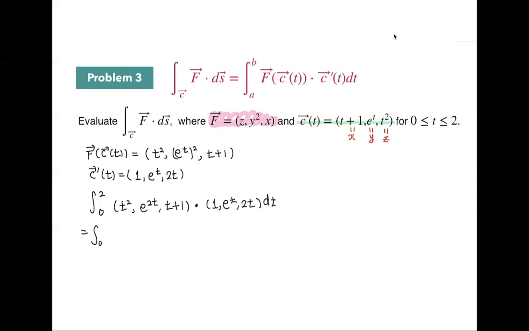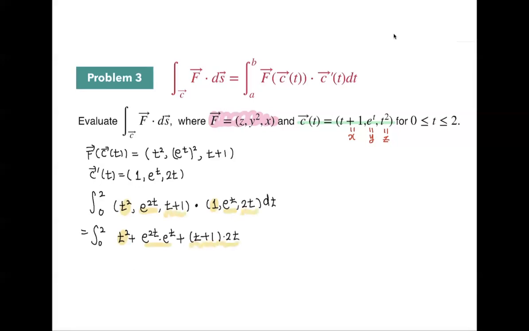So it is from 0 to 2, the dot product: t squared times 1, plus e to the 2t times e to the t, plus t plus 1 times 2t.